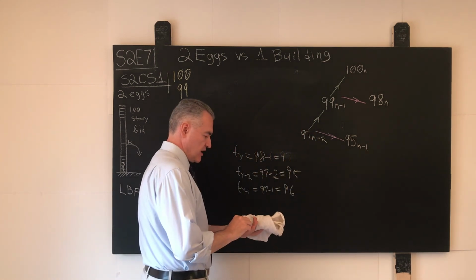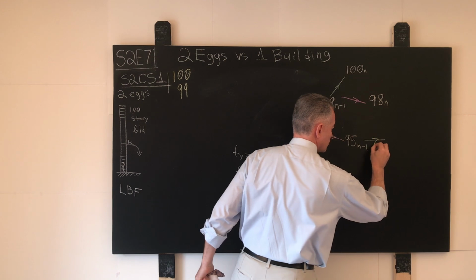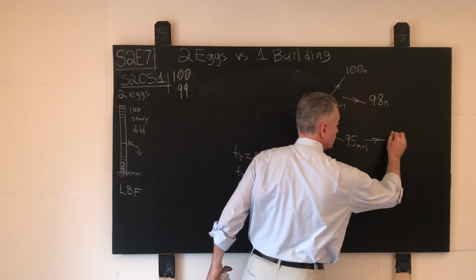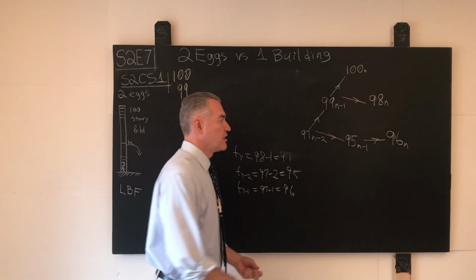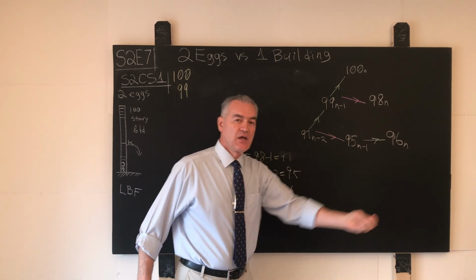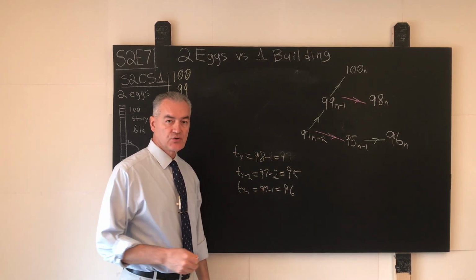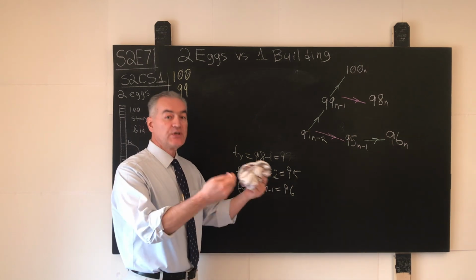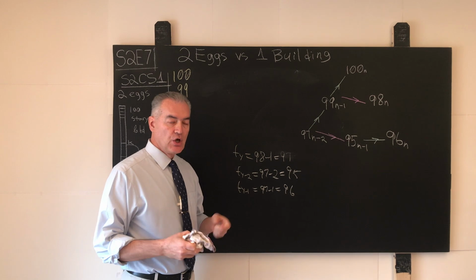And if the egg survives that drop, we climb up, show it with the green arrow, to the floor number 96, where we execute the last drop, or the drop number n. Again, I recommend that you guys keep good records of what I have on the board, because I'm about to erase it, but we keep solving this problem in reverse order, and now we ask the next question.